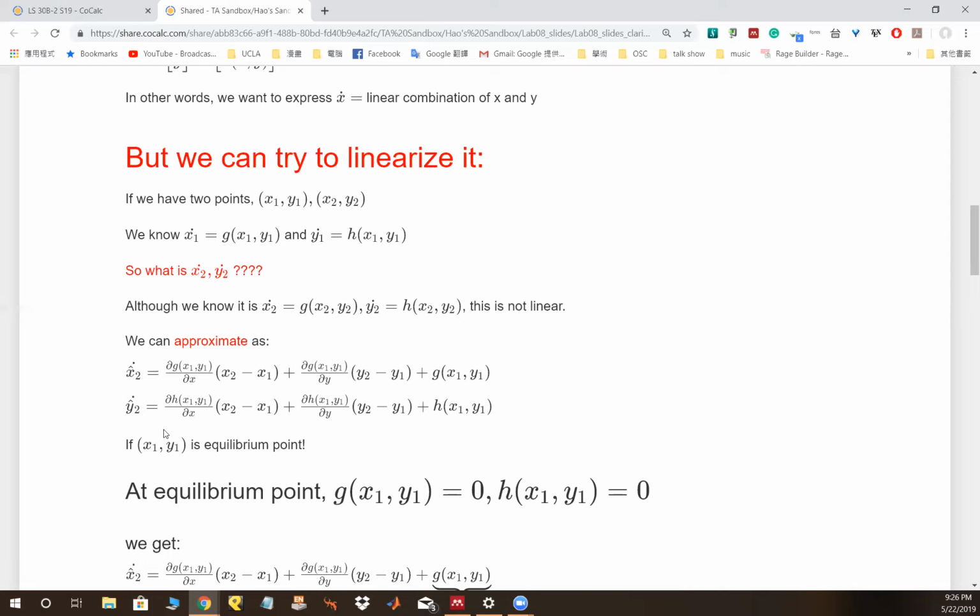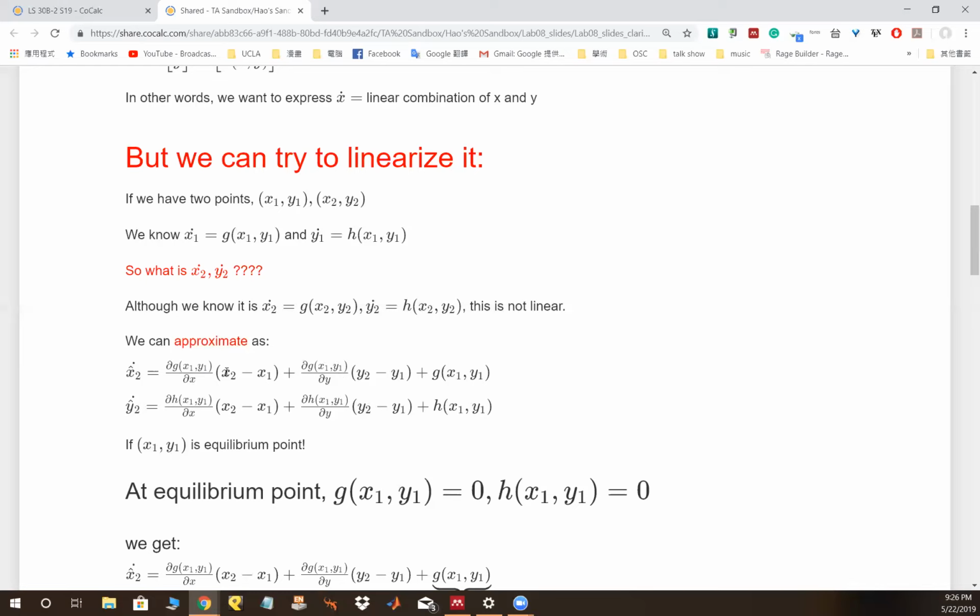Following the same rule, y2 hat dot will be the same thing: you take the partial of h with respect to x first, multiply the difference in x, plus you take the partial of that with respect to y, multiply the difference in y, and plus the current h. So this is a linear approximation. You only use x1, y1's value here, right? This is all related to x1.